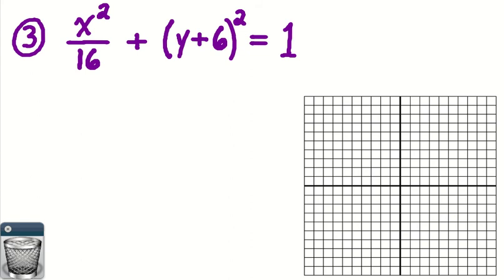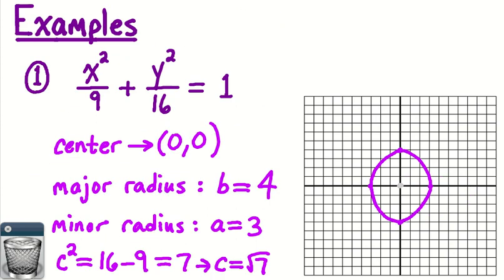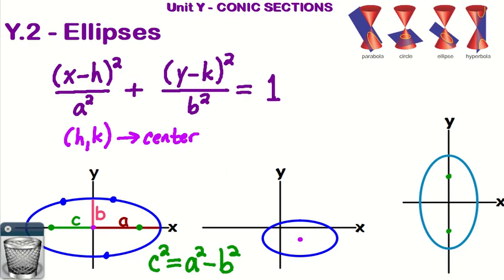Number 3, hopefully is also easy enough for us. Do you think this fits standard form here? X minus something quantity squared all over something squared plus y minus something quantity squared all over something squared equals 1?